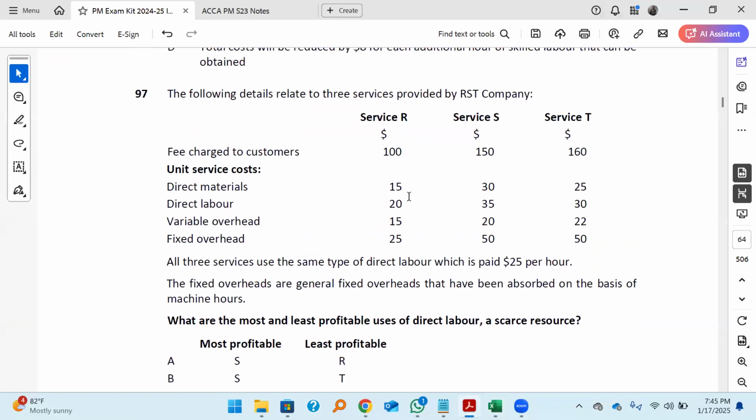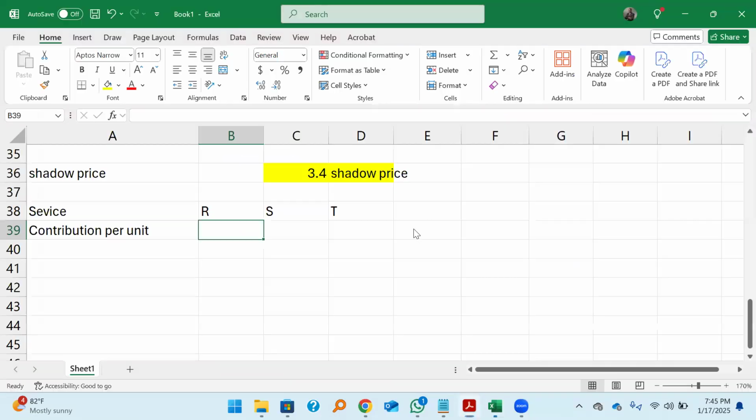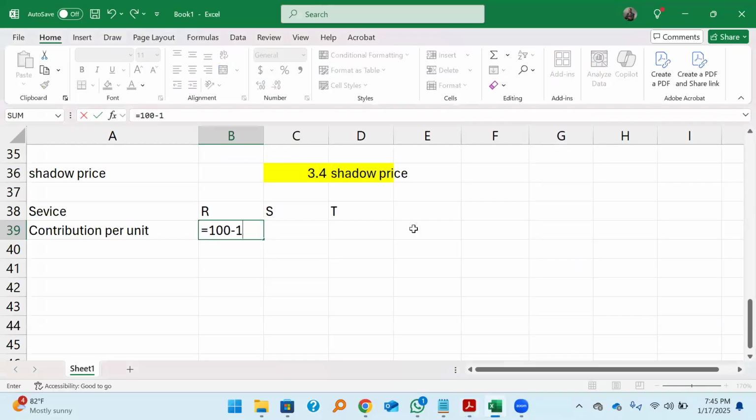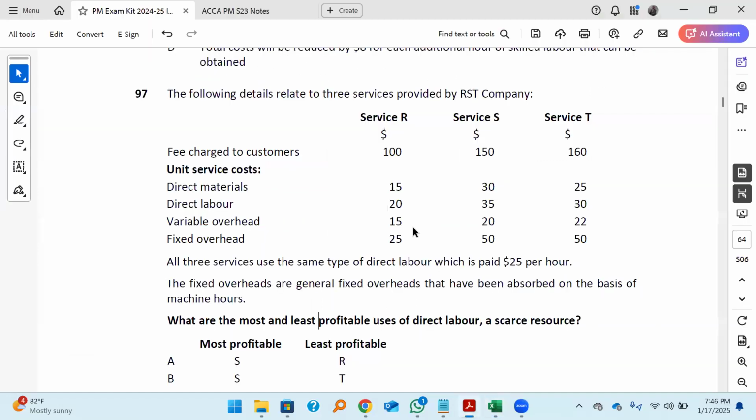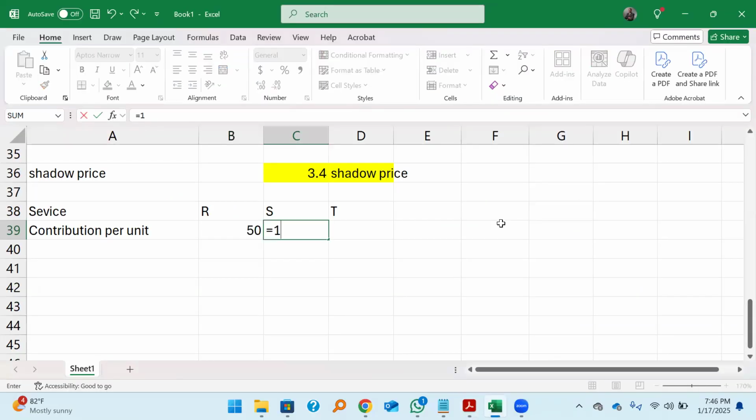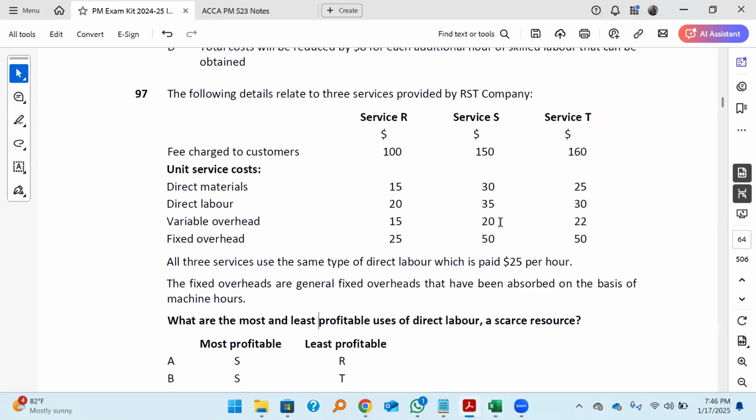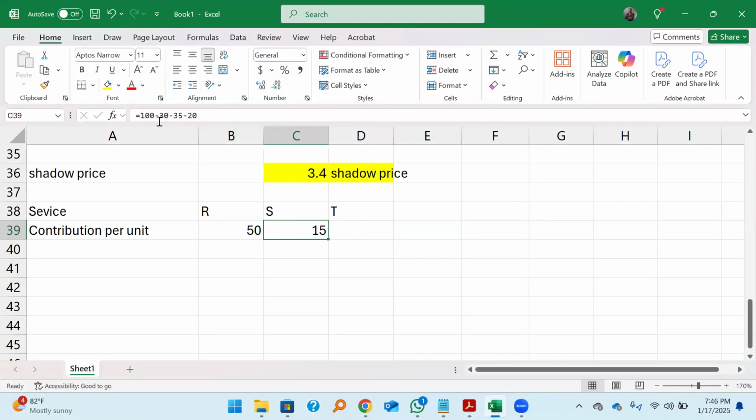we have 100 minus 15 minus 20 minus 15 for R, then for S, 100 minus 30 minus 35 minus 20. And then for T, 160. Oh, did I say 100 here?